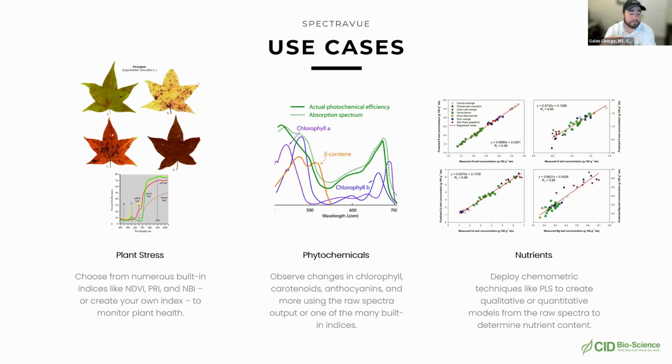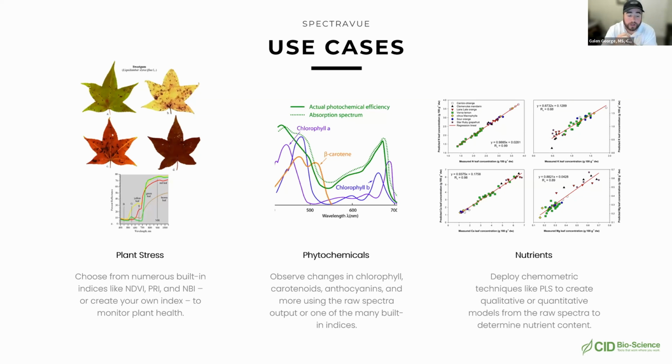For plant stress, you can look and see visually with the spectra when your plants are stressed using an already pre-made index like the NDVI, which is a greenness index, the photochemical reflectance index, or the nitrogen balance index, which gives a more robust idea of what's going on with the nitrogen status of the plant.